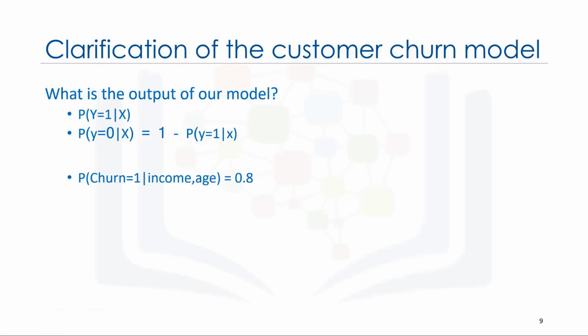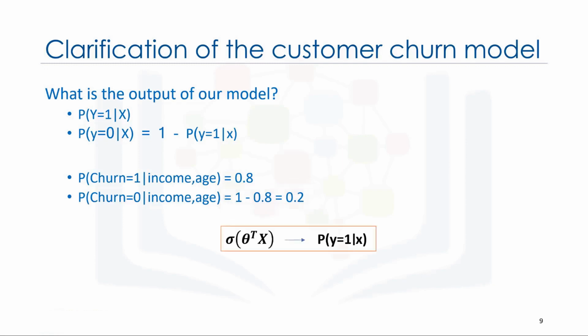For example, the probability of a customer staying with the company can be shown as probability of churn equals 1 given a customer's income and age, which can be, for instance, 0.8. And the probability of churn is 0 for the same customer, given a customer's income and age, can be calculated as 1 minus 0.8 equals 0.2.